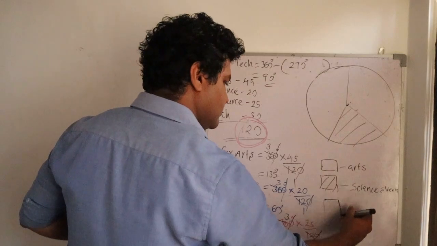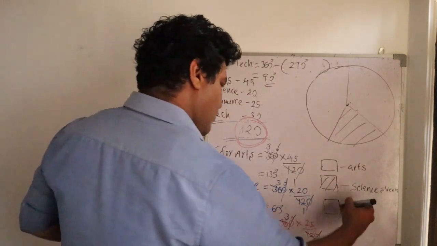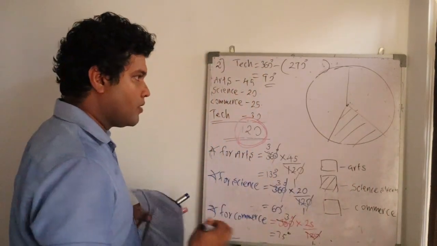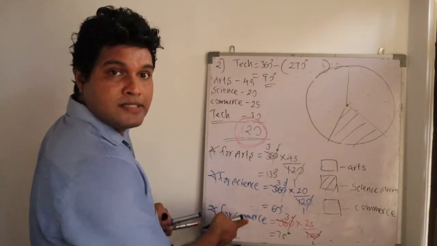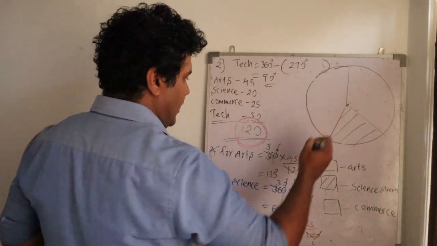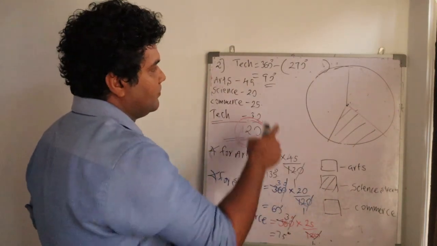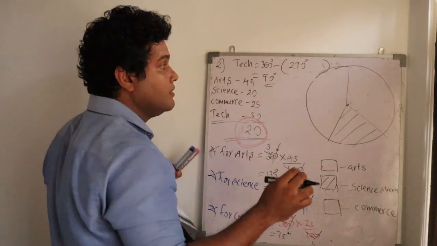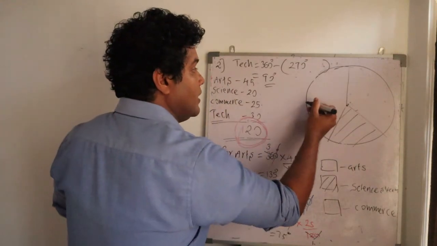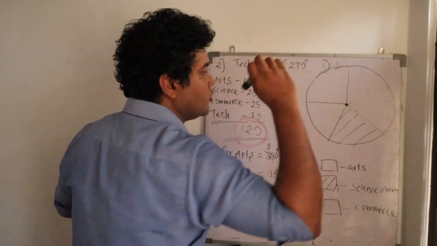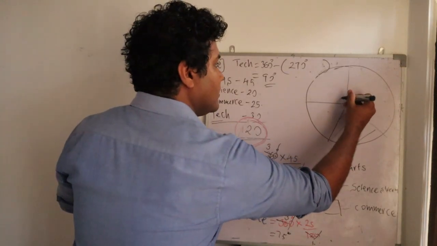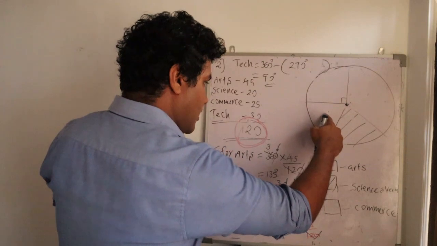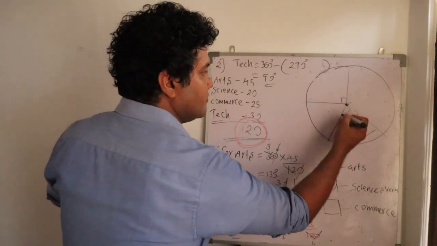The next one, commerce. The angle for commerce was 75, and the other angle was 90. Remember, the other angles are critical. The standard angle is 90, 1/4 of a circle should be taken. Therefore, this should be for technology, and this one should be the 75.